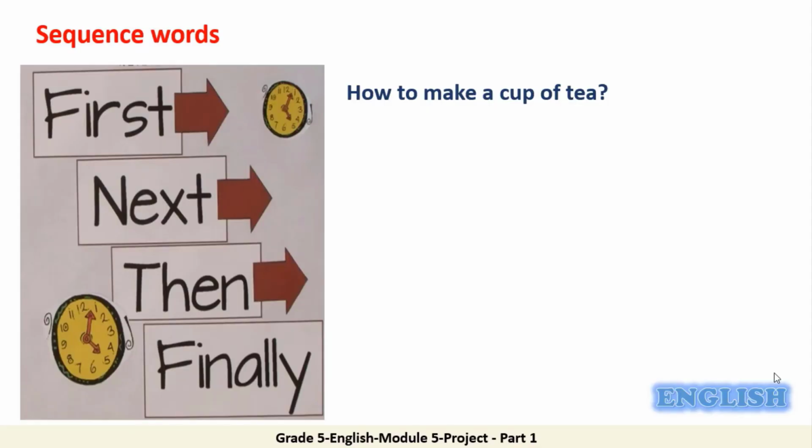Dear students, look at these sequence words. Here we have first, next, then, and finally. We are going to use these sequence words to answer this question. How to make a cup of tea? First, boil some water.